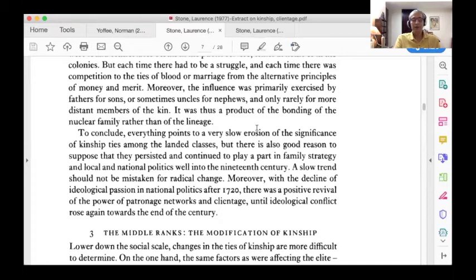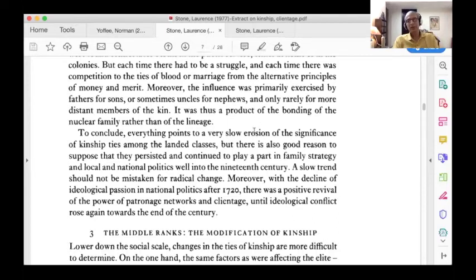Moreover, with the decline of ideological passion in national politics after 1720, there was a positive revival of the power of patronage networks and clientage until ideological conflict rose again towards the end of the century. Right?